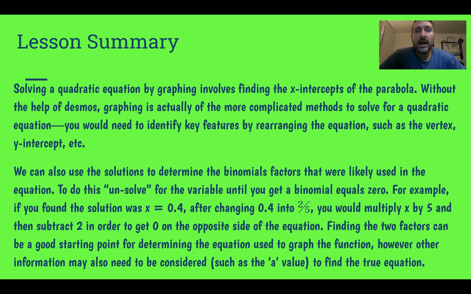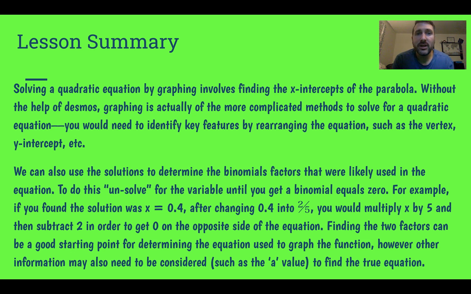Graphing can also help us to determine what binomial factors were likely used in an equation. To do this and find those binomial factors, you would unsolve, essentially, for the variable until you get your binomial equals 0.